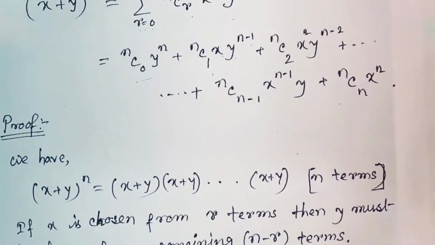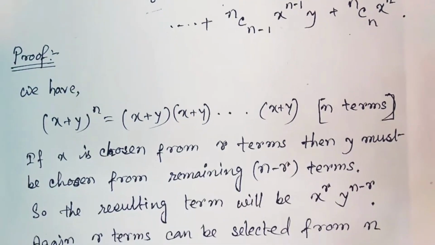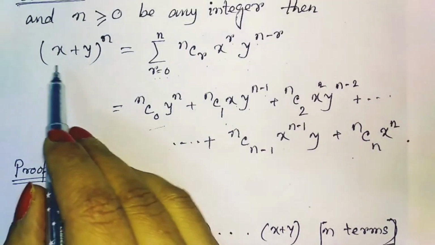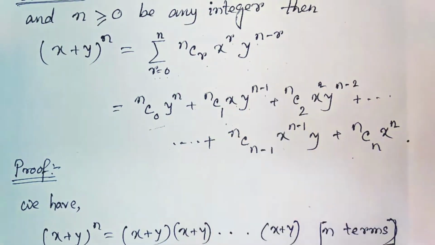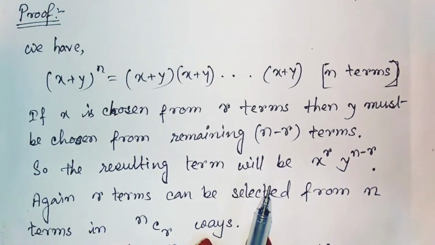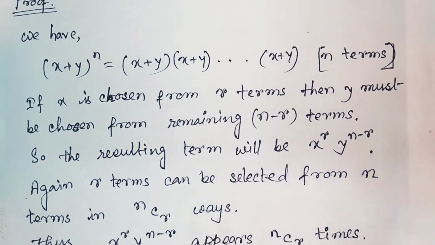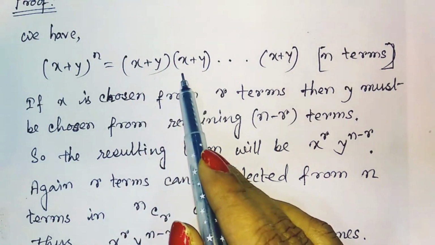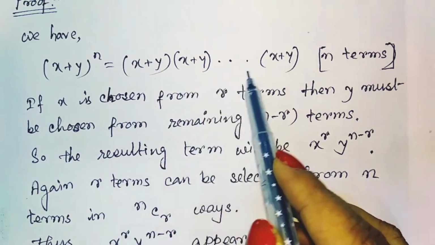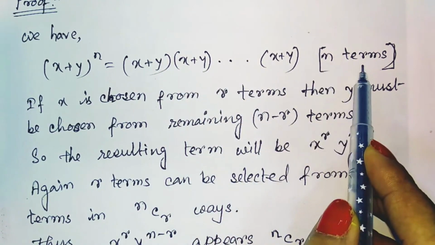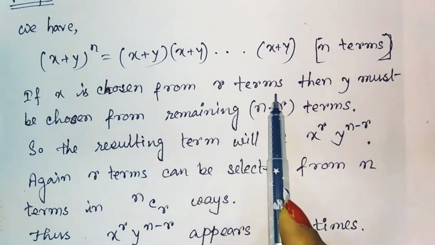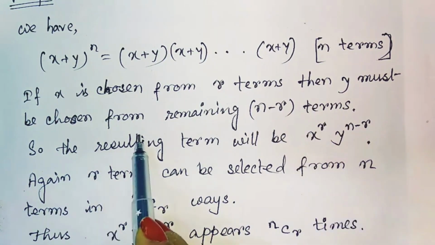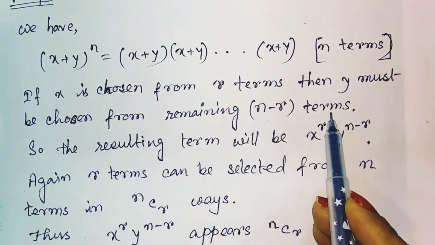Now if we want to prove this, here we are supposed to prove x plus y to the power n is equal to this summation expression. So now we can write x plus y to the power n as x plus y into x plus y into x plus y, in this way up to n terms. If x is chosen from r terms, then y must be chosen from the remaining n minus r terms.